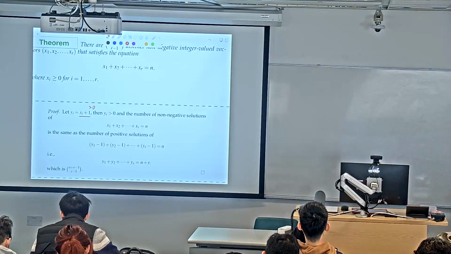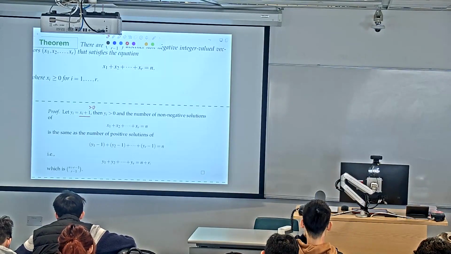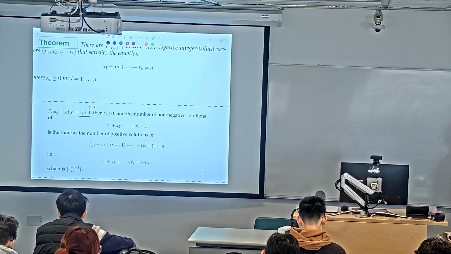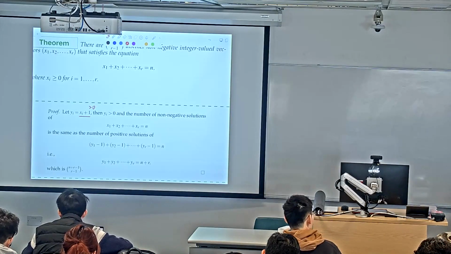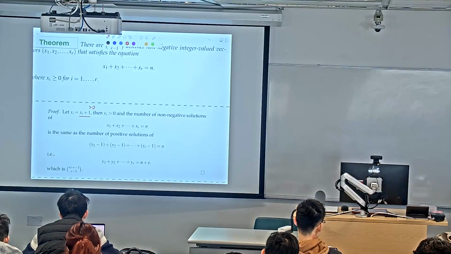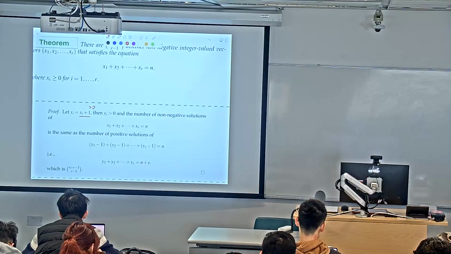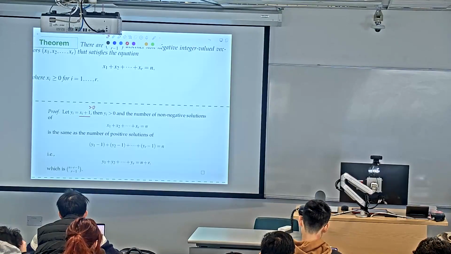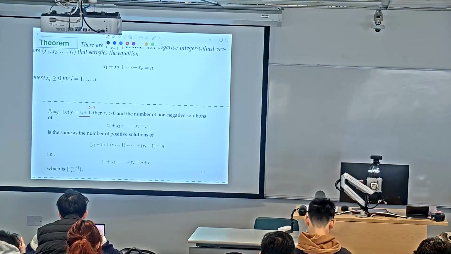Now we also translate the given linear equation into a linear equation in y. Each xi equals yi minus 1. Plugging into the given equation, you get y1 minus 1 plus y2 minus 1 plus ... plus yr minus 1 equals n. In total, you subtract r.